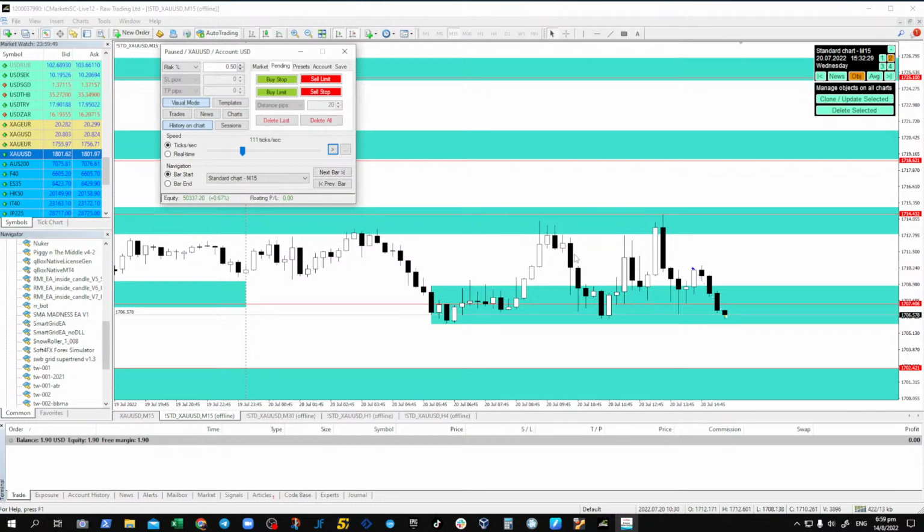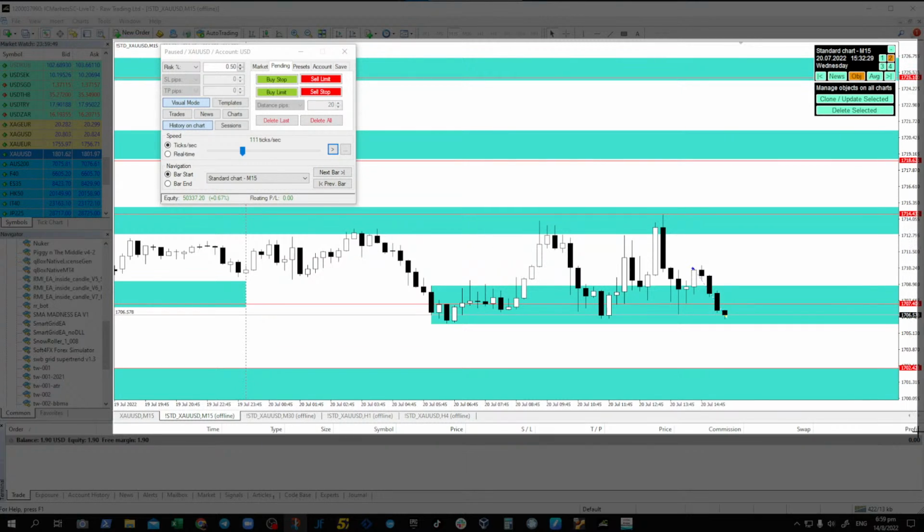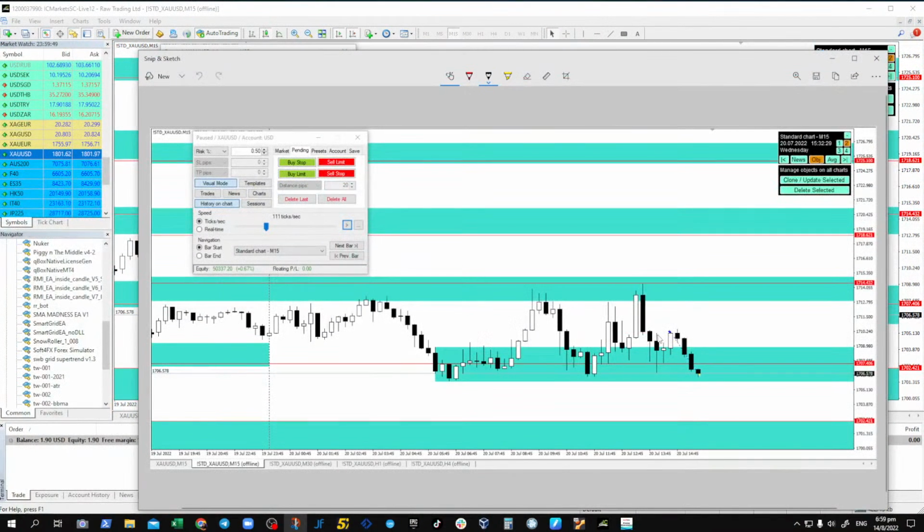It's very hard to trade this kind of range. But this overall is range. Okay, so number 19 is a losing trade.